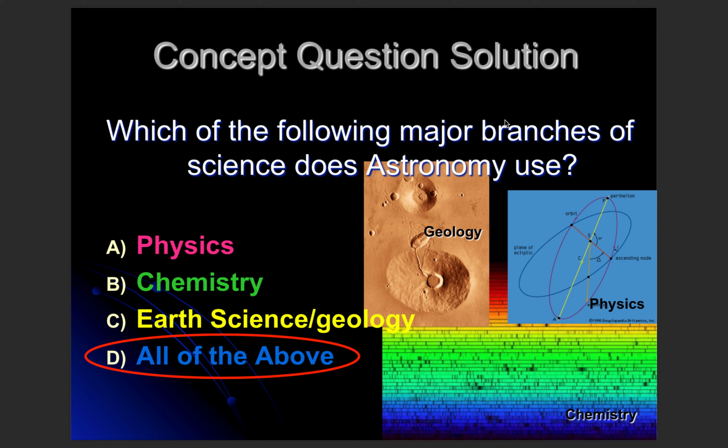When we start looking at planets in our own system, or even extrasolar planets, we rely on the geology of Earth as a comparison to know what we're looking at or what we might hope to see on other planets. There's also one I didn't put on here, which would be biology. Astrobiology is a huge field where we use the principles of biology for a potential understanding of what extraterrestrial life might be like.